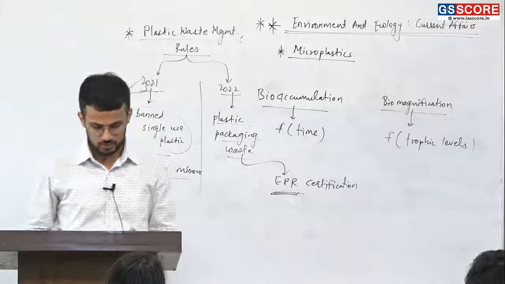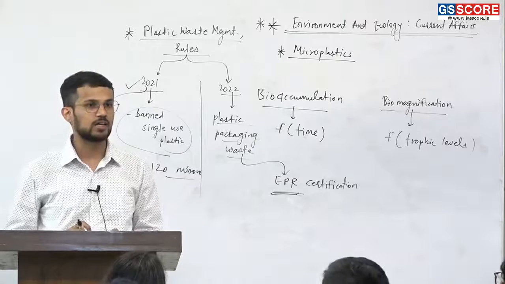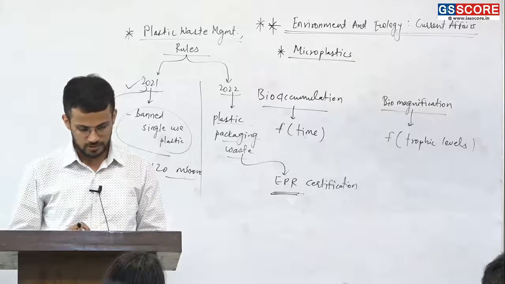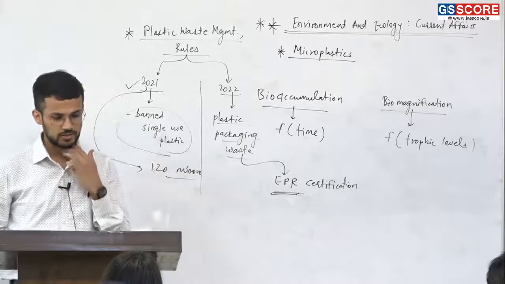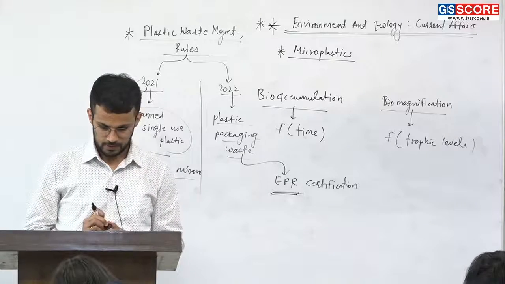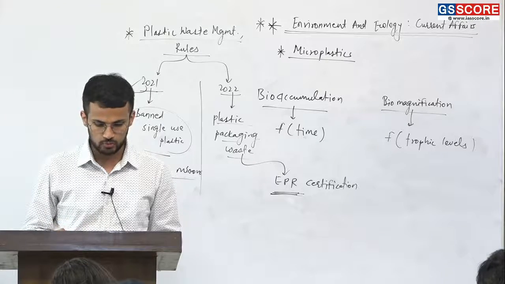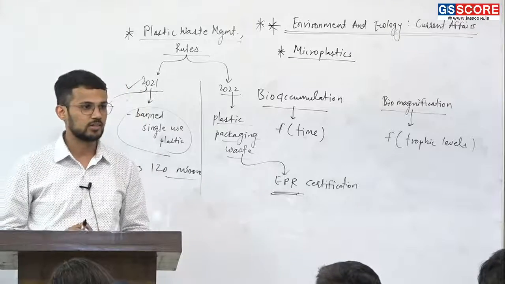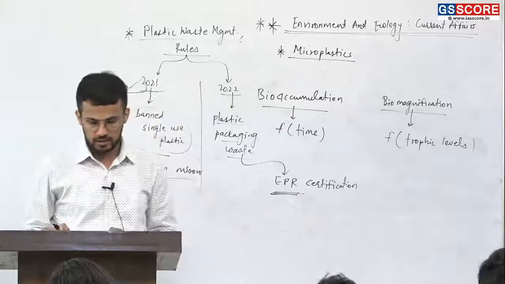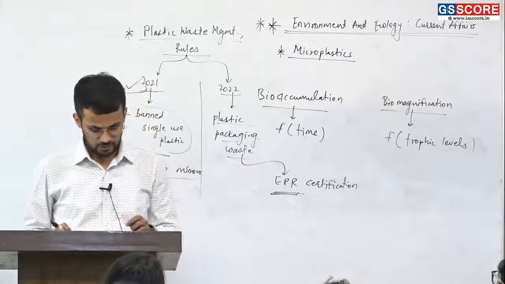Fine. So these measures we have taken, and then there is an initiative called Unplastic Collective. You may write a few points for this. It is an initiative by UNEP, the Confederation of Indian Industries and WWF India, Worldwide Fund for Nature India.